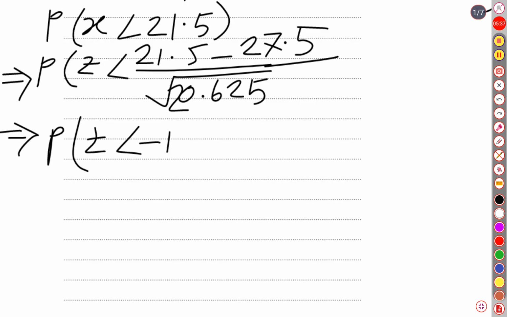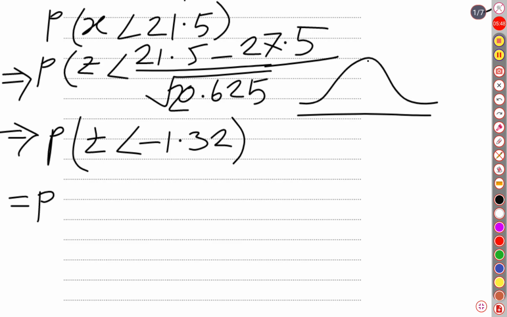Negative 1.32. Now let's see the probability for this z score, and draw the normal curve. This is our normal curve, its center mean is at z score 0, with probability 0.5. As the z score is negative, the probability lies on the left side, because all values lying on the left side are negative.